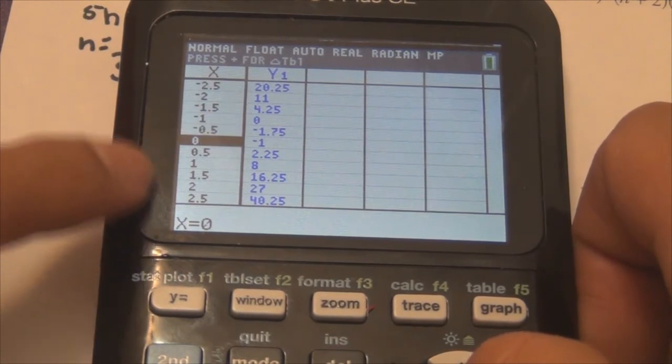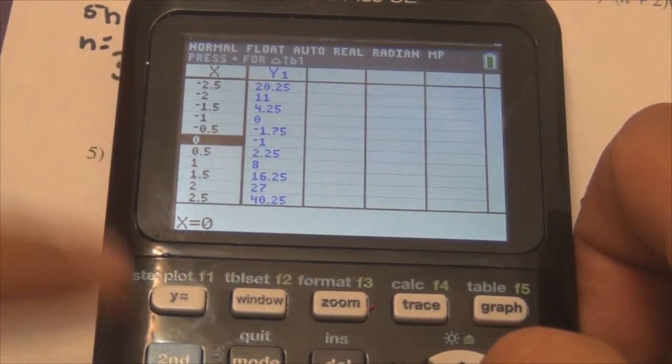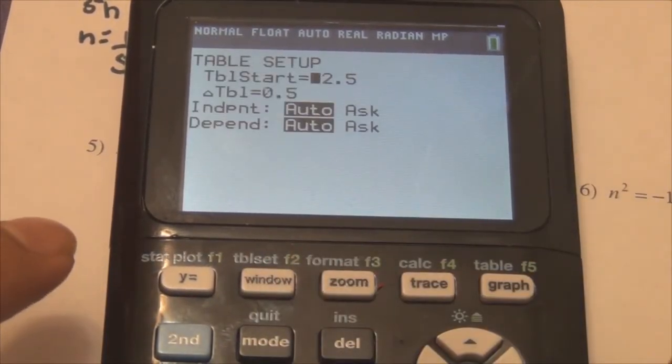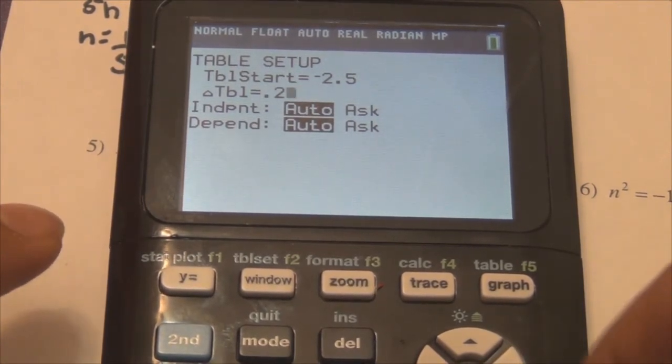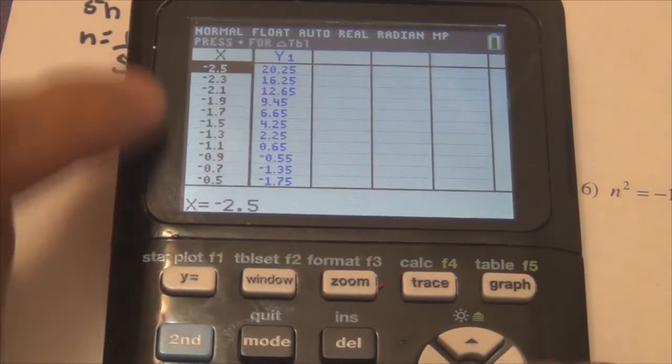And I don't have the table set to the right scale. But if I want to, now that I know, I'm going to press second table set and go by 0.2 for the sake of doing it. And now when I press the table, I'm going to get that.